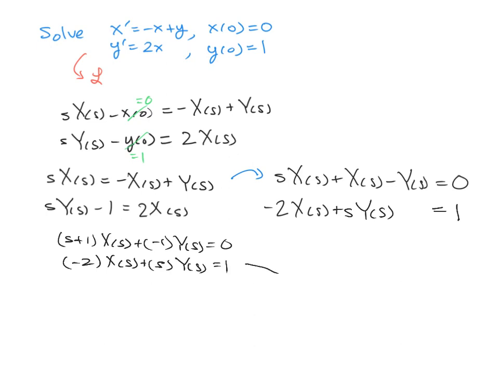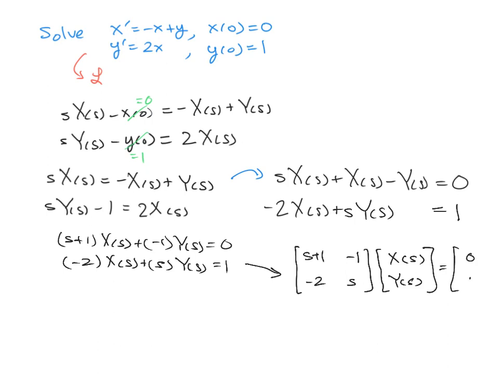And then our next step is going to be to write this in matrix form. So the matrix is going to be a 2 by 2 matrix of coefficients. We'll have an s plus 1 coming from the capital X of s, a negative 1 as the coefficient on the big Y of s, a negative 2 as a coefficient on big X, and an s as a coefficient on big Y, times the two unknowns, capital X of s and capital Y of s, is equal to our right-hand side as a 2 by 1 vector, 0, 1.